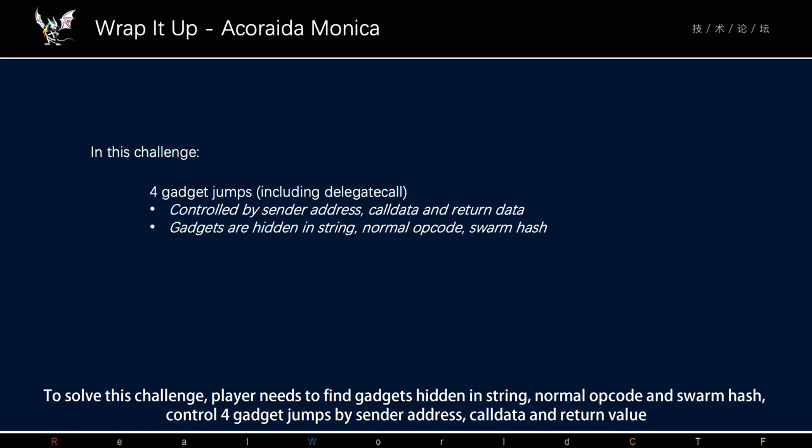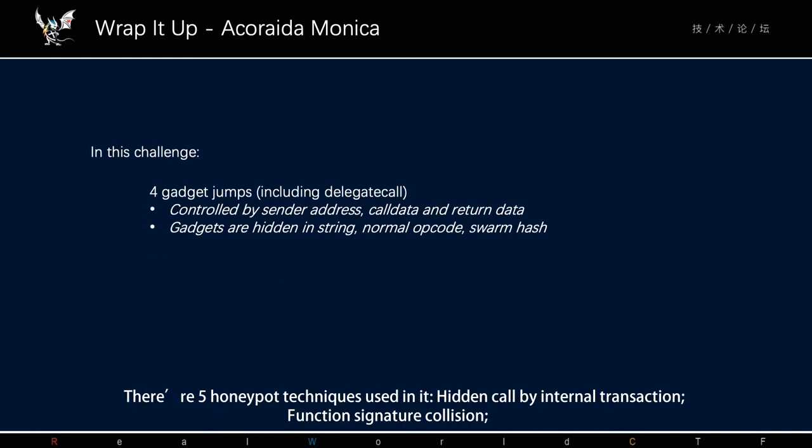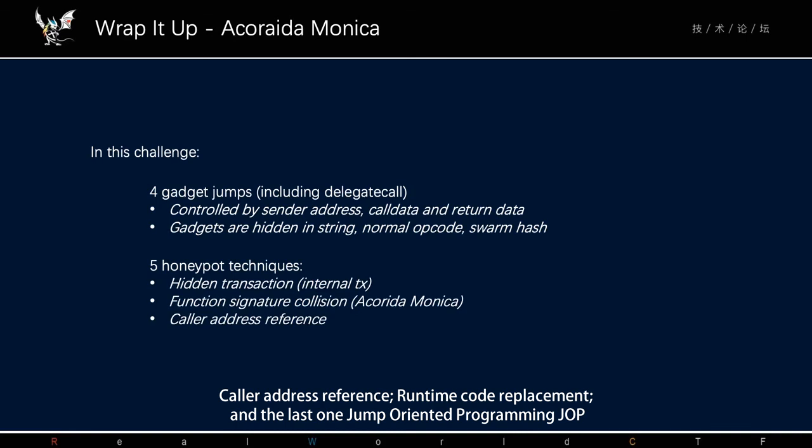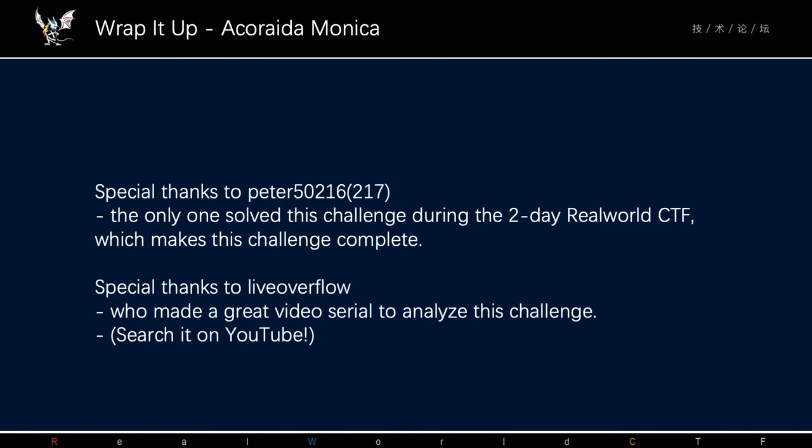And they need to control 4 gadget jumps by sender address, calldata, and the return value. And there are 5 honeypot techniques used in it: hidden call by internal transaction, function signature collision, caller address reference, runtime code replacement, and the last one is jump-oriented programming, JOP, right? Okay.